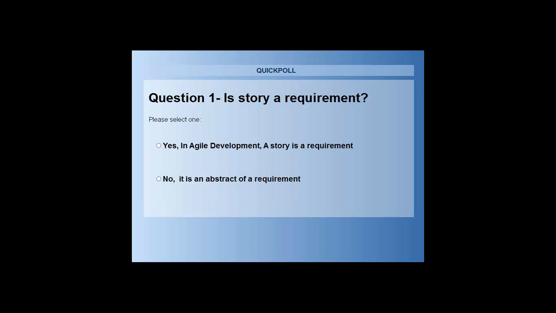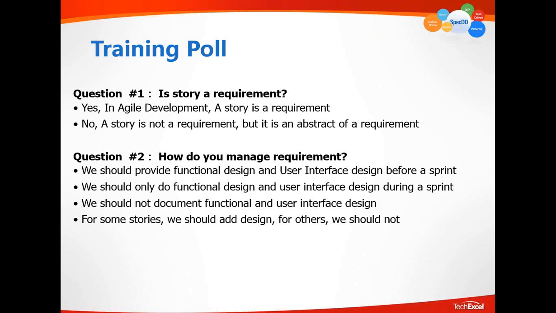Or should we not document functional and user interface design at all? Or for some stories, we should add design, and for others, we do not really need to add design or documentation for the requirement. So let's take a look at them one by one. Let's do the first one first.